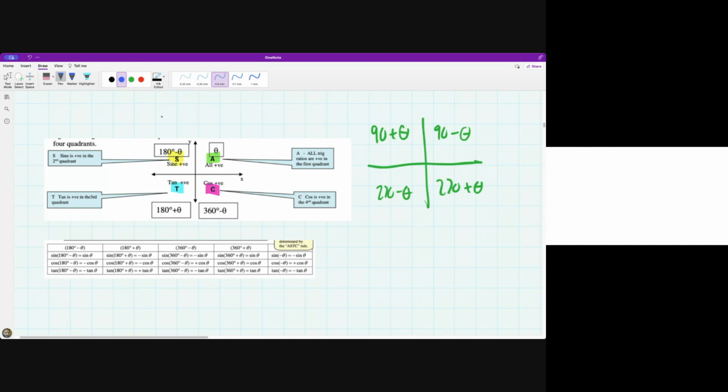So when we talk about the reduction formula, we think about the horizontal axes, which are 180 and 360. When we think about co-ratios, we think about the vertical axes, which are at 90 and 270, as opposed to 180 and 360. And these give rise to the reduction formulas here.